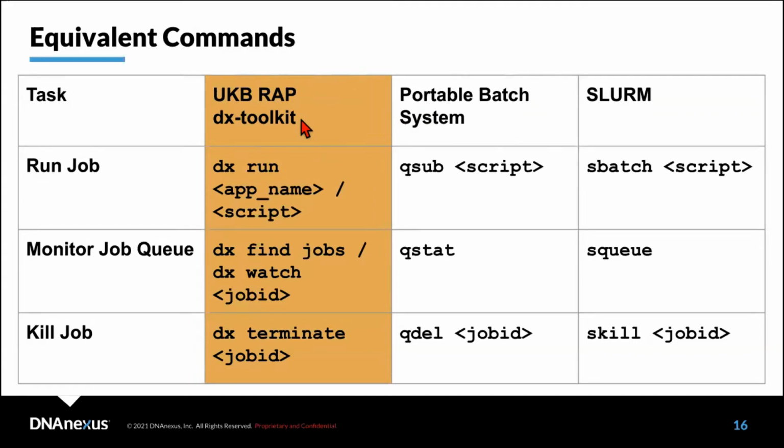So we will be using the dxRun command to run the job. We can also monitor our jobs either by find jobs or watch. And if we want to terminate our job for whatever reason, we can use dxTerminate. And here you can see the corresponding commands that you will use on your HPC.